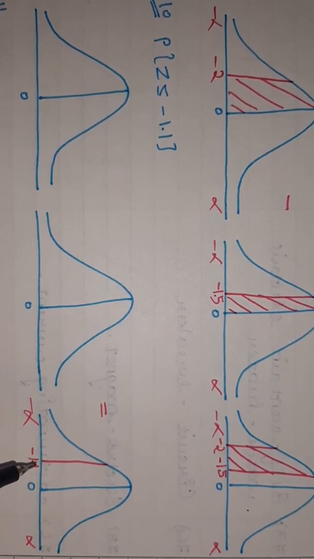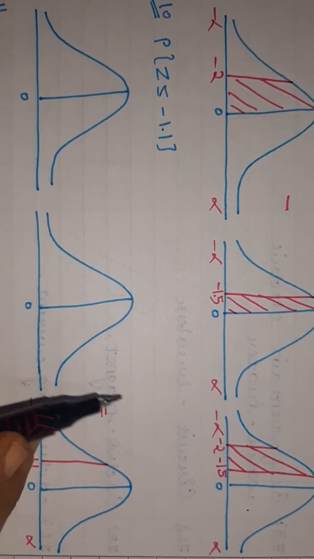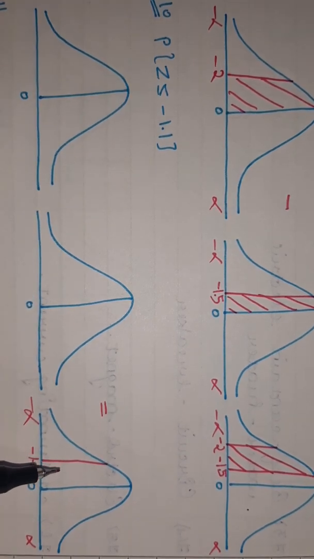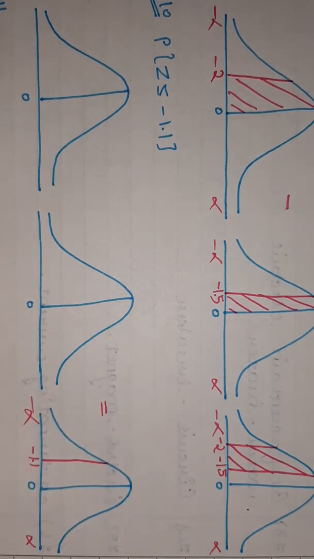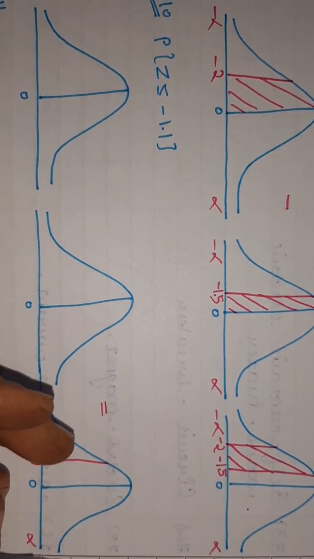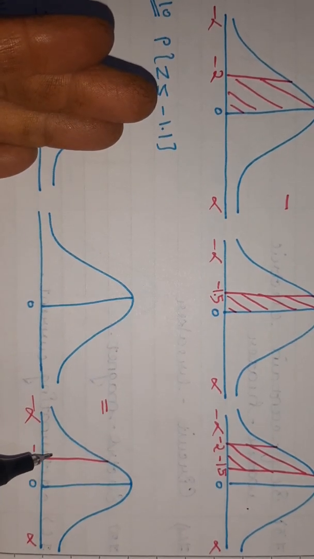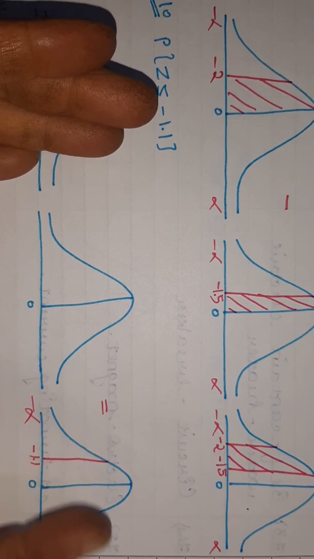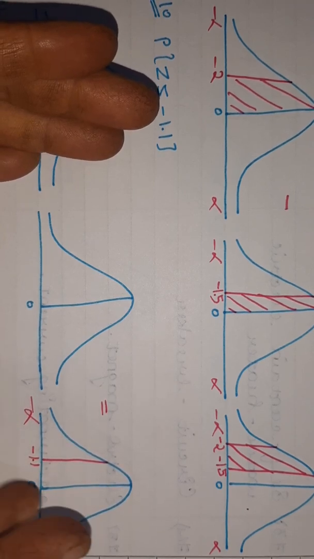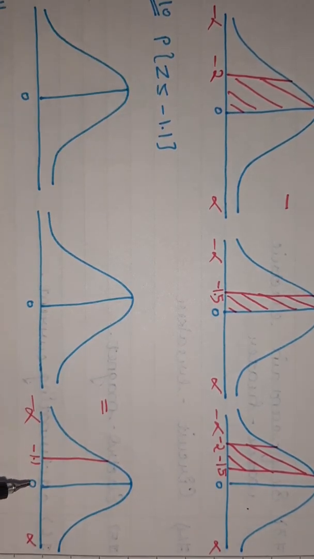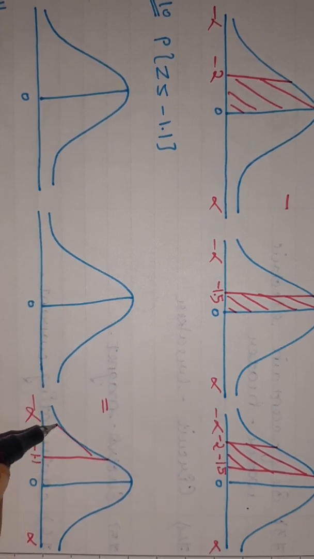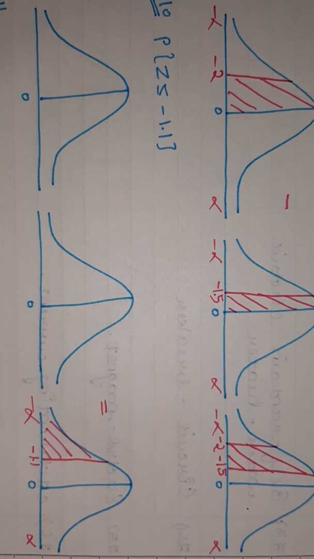Here it is less than or equal to. We already discussed that whenever it is greater than, it will be on the right hand side, and less than will be on the left hand side. Values below this will be smaller and values above will be larger, on the right hand side. So here we need values less than minus 1.1, so the area will be this.